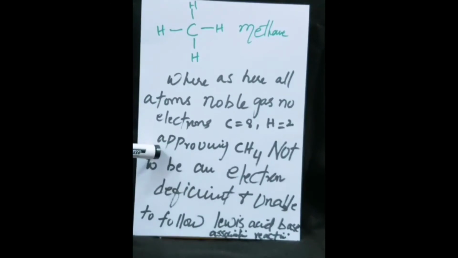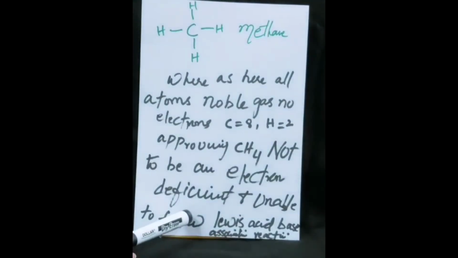This proves that methane is not electron deficient and is unable to follow the Lewis acid base association reaction. I hope now you understand, through this example, what Lewis acid base association reactions and Lewis acid base dissociation reactions are.